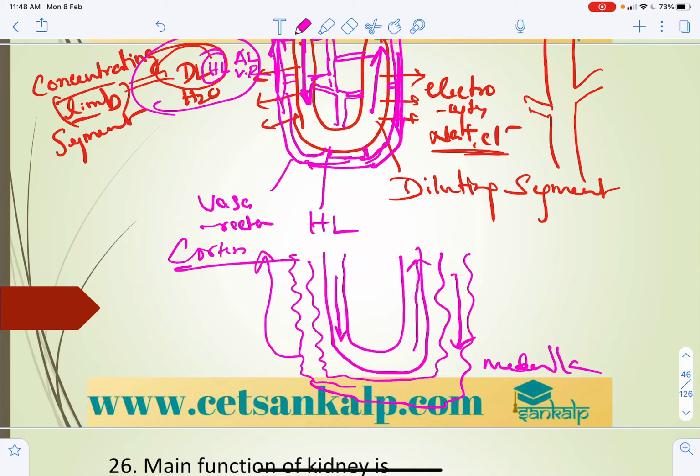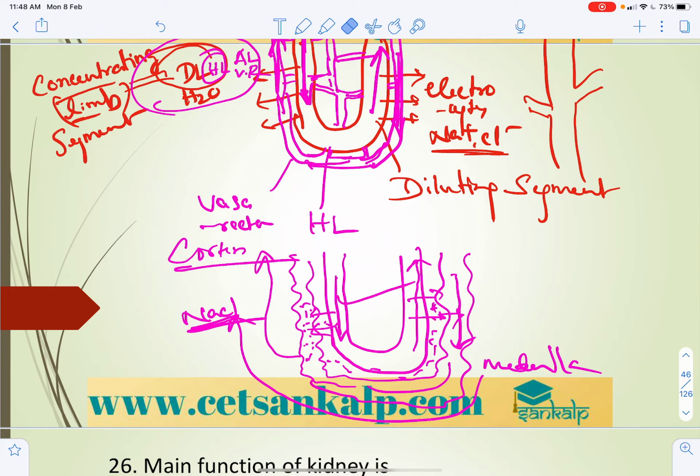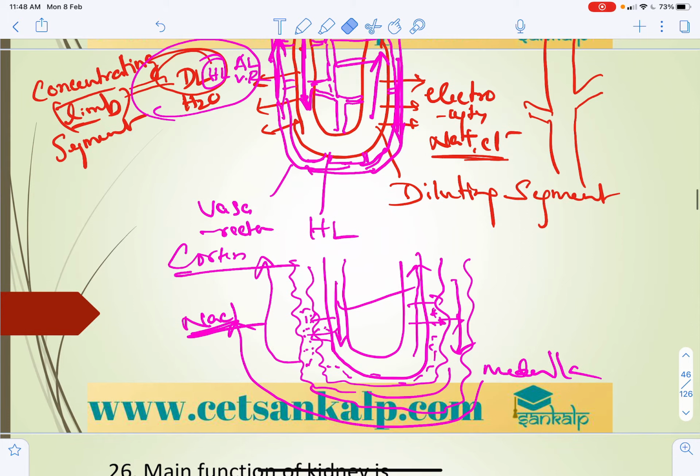Here water will move into the vasa recta, and electrolytes move from the interstitium into the medulla, and that NaCl is brought back to the interstitium by the vasa recta. Hence the vasa recta and endless loop together form a system which helps in maintaining the osmolarity, or osmotic concentration. That is what we call the countercurrent system.